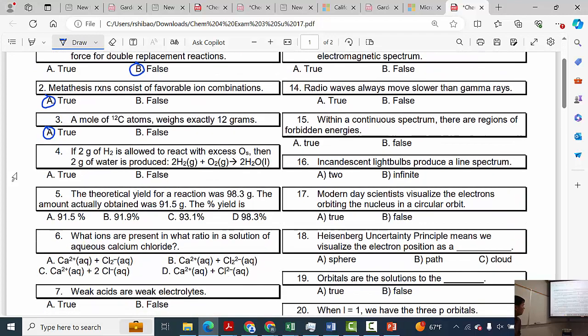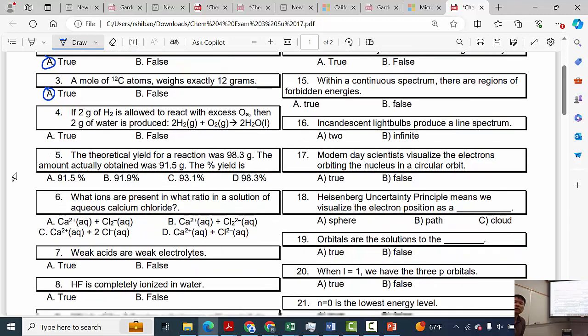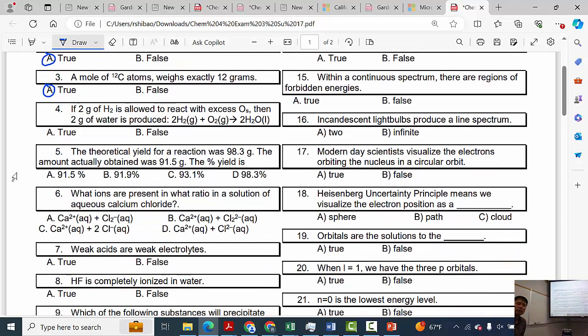A mole of carbon-12 atoms weighs exactly 12 grams. True. That's the definition of carbon-12. AMU. Remember? A carbon-12 atom, a single atom, weighs 12 u. Therefore, a mole of them will weigh exactly 12 grams by definition.